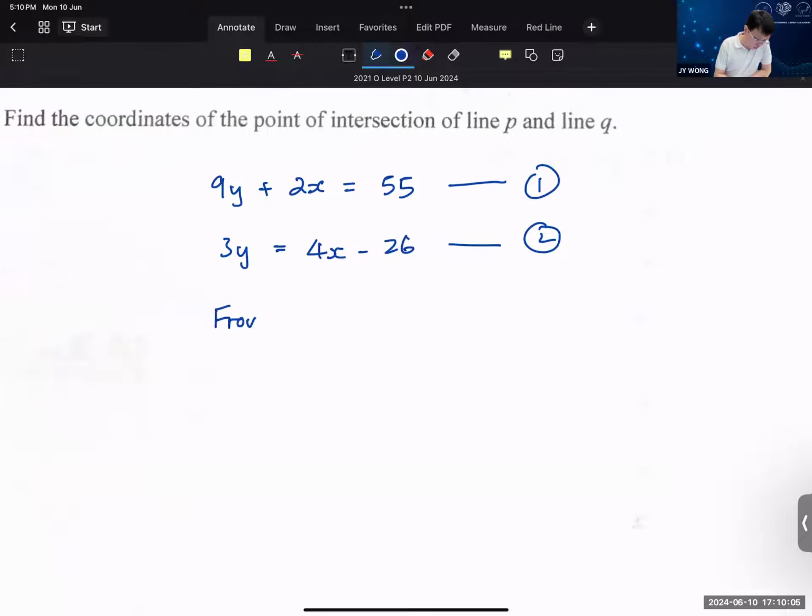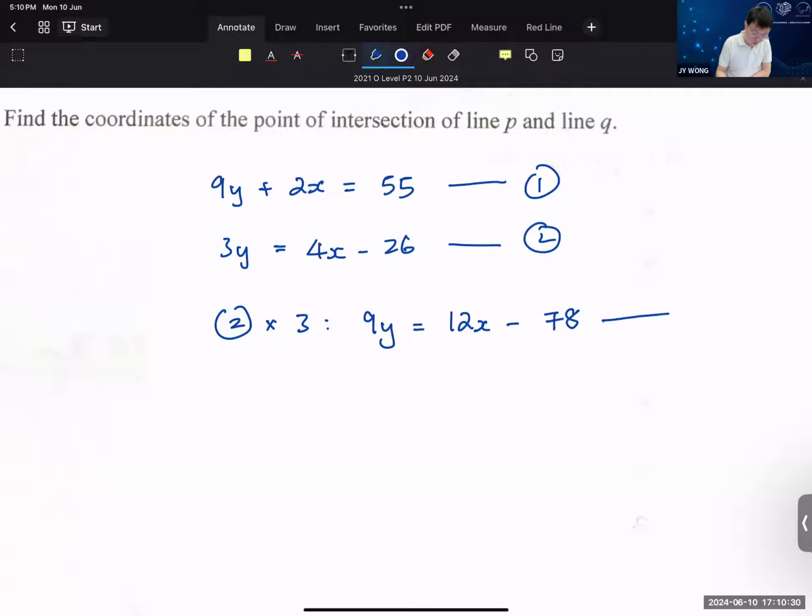Let's modify equation 2. You take equation 2, you times 3, you will get 9y equals 12x minus 78.